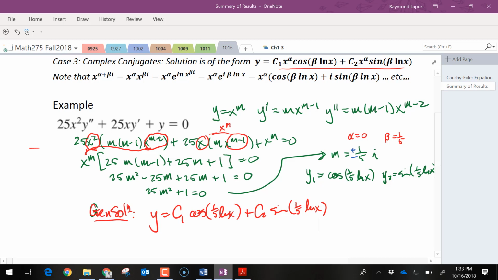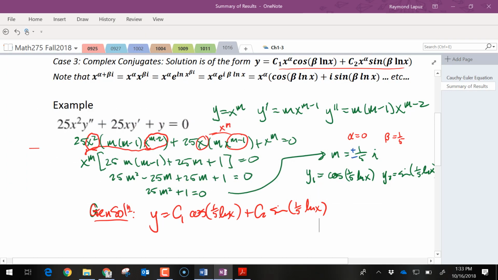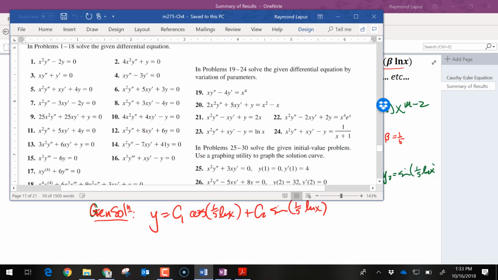Straightforward. Hopefully you'll get to pick another one that's not sine and cosine again. So let's do another one. 5. Oh, that's the one we did earlier.